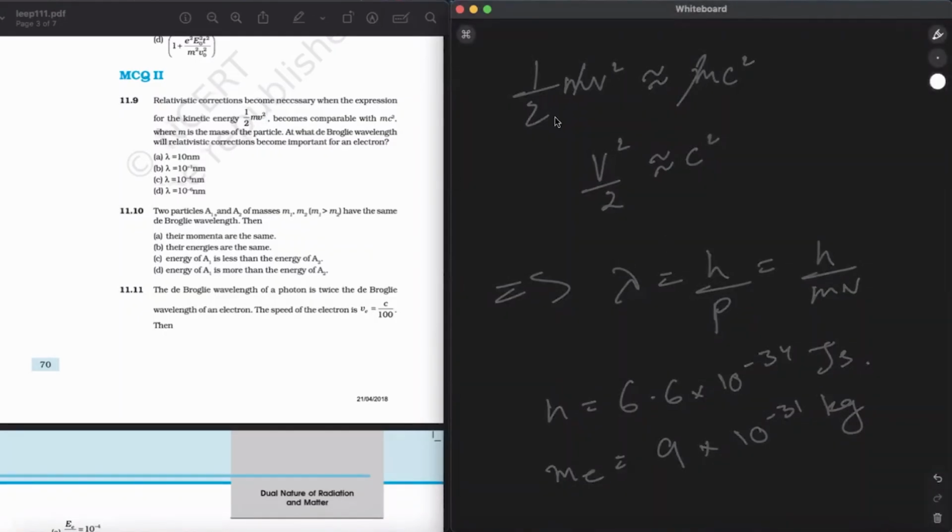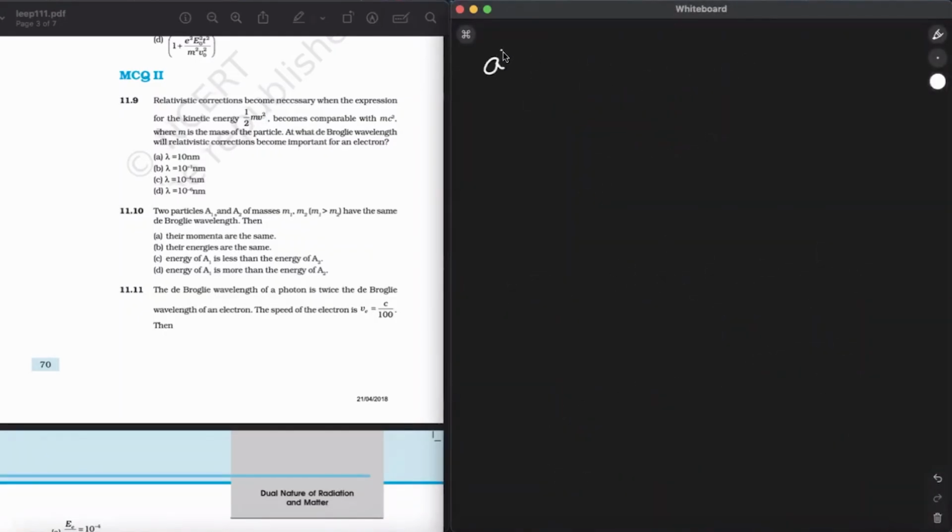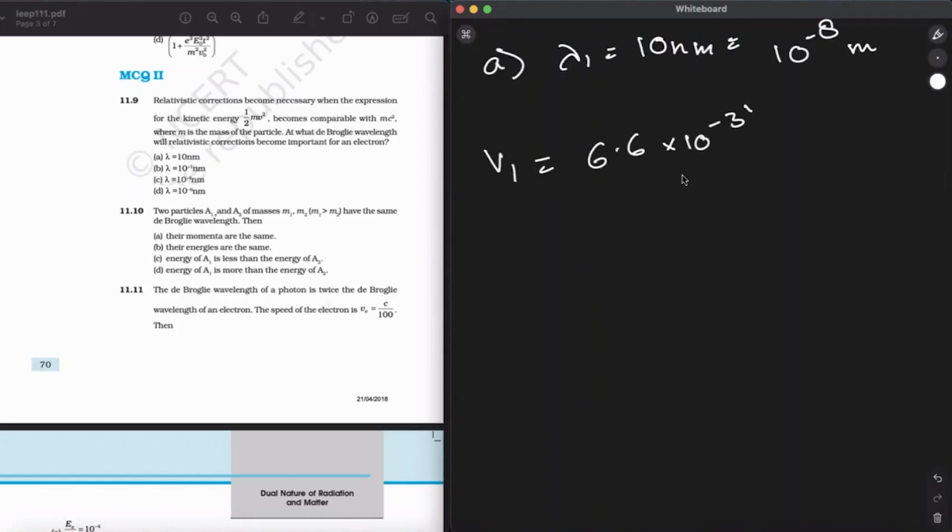So let's say in option number A, they have given that lambda 1 is equal to 10 nanometers, which I can write as 10 raised to the power of minus 8 meter. Simple. Now V1 will be equal to 6.6 into 10 raised to the power of minus 34, the value for h, divided by the value for mass, and so on.